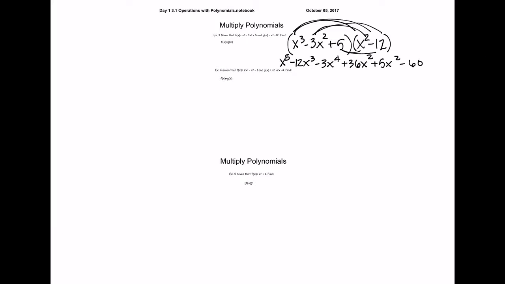Combine your like terms. Start with your highest exponent, so x to the 5th power minus 3x to the 4th minus 12x cubed, 36x squared plus 5 more x squared is positive 41x squared minus 60.